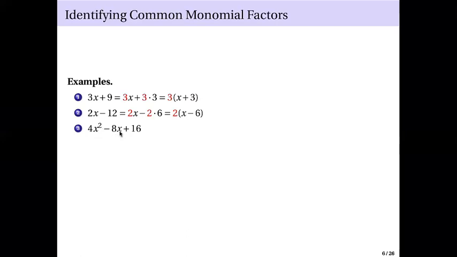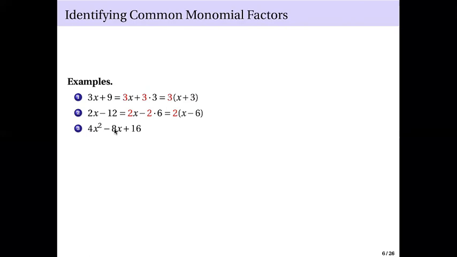For this 4x squared minus 8x plus 16, you have 4 times x squared for this term here. For this term, you have 8 times x. And then for this, you have 16. But 8, you can write it as 2 times 2 times 2. You can write it as 2 times 4.